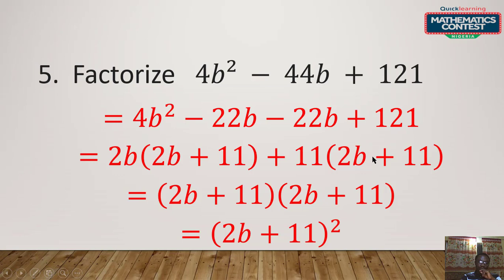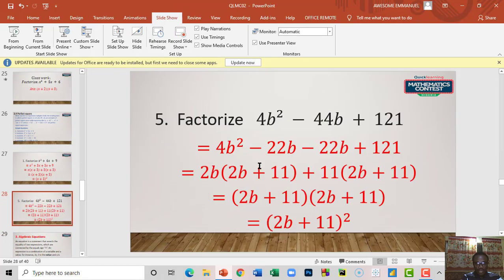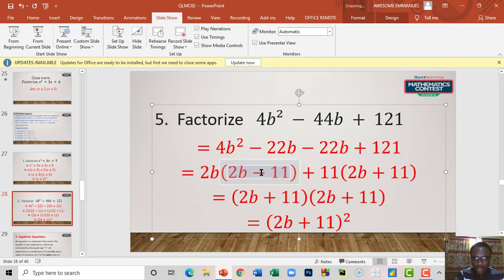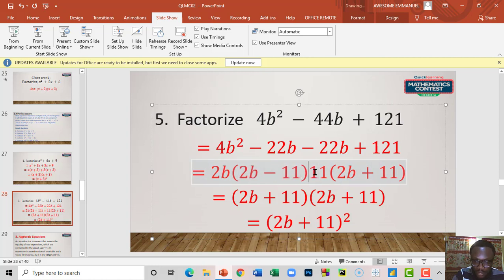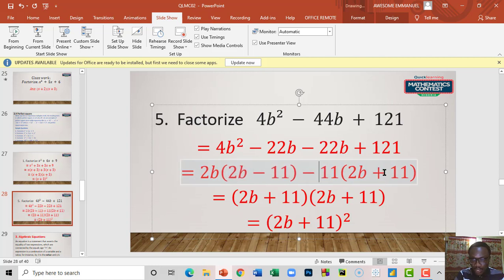And where was the mistake from? If you notice, you'll observe that the mistake came from this point, and also from this point. Now, let's sort that out. That is how to gain mastery. So this should have been minus, and here should have been minus, and here should have been minus.